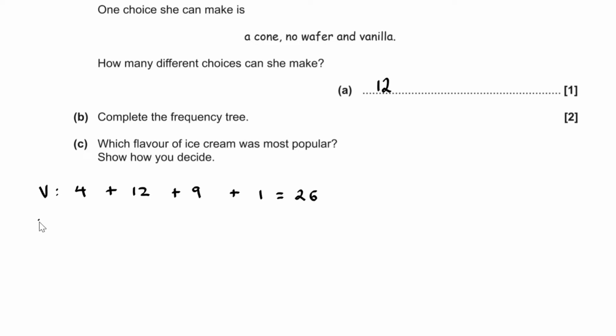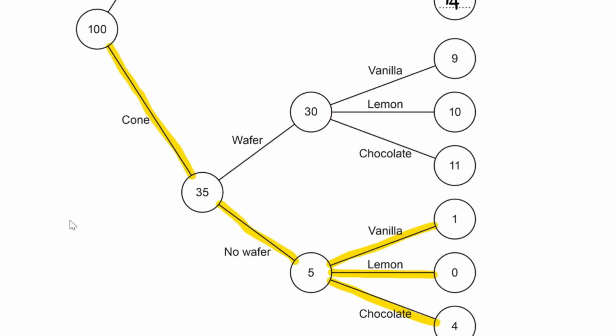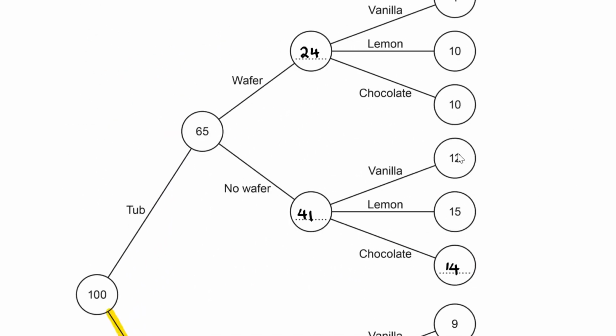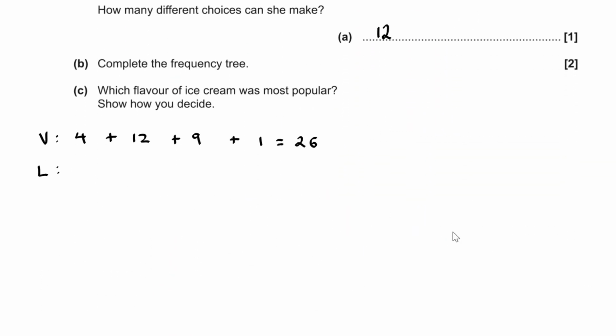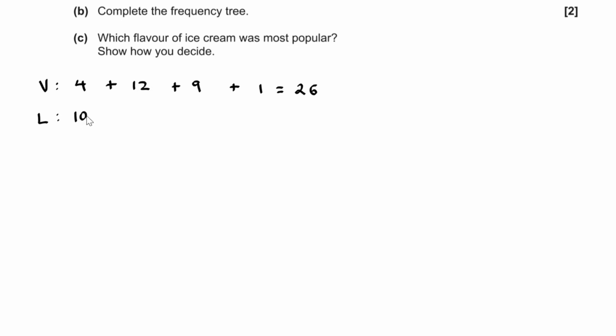And for lemon we have 10 plus 15 plus 10 plus 0, so adding these together, it turns out we would get 35.